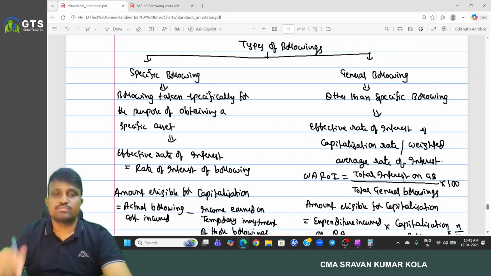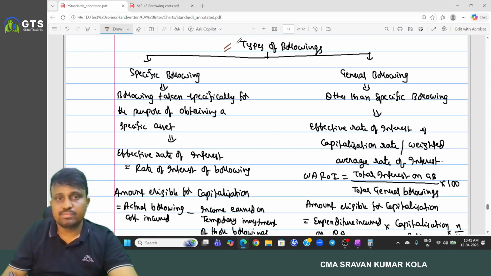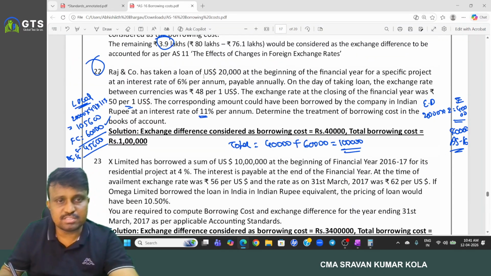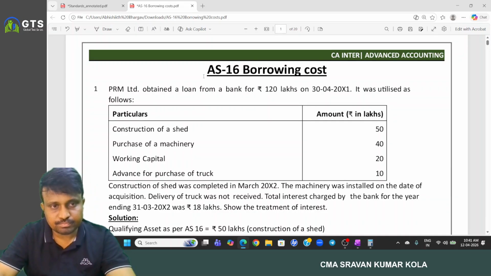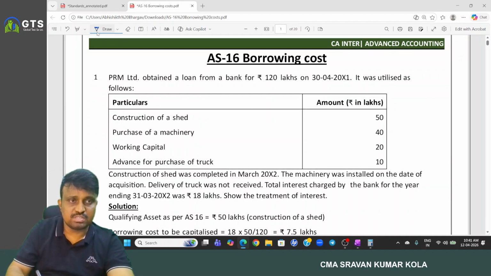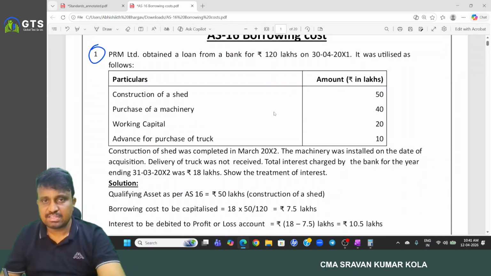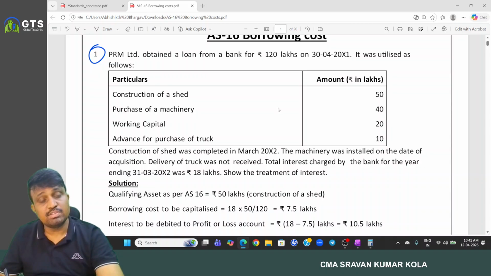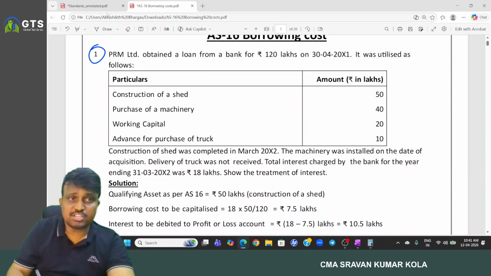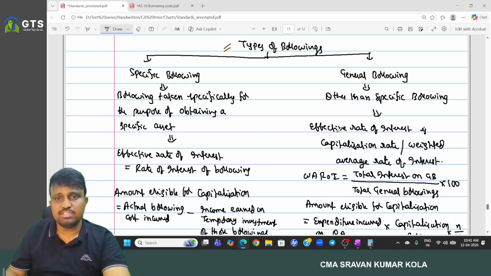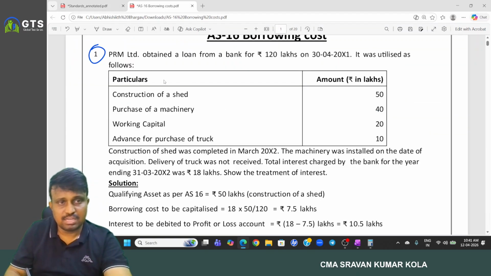Okay, and next one, types of the borrowing. But before that, we see some problems. First one: PRM Limited obtained a loan from bank for 120 lakhs on 30th April. It was utilized as follows: construction of the shed 50 lakhs, and purchase of machinery, working capital, and advance for purchase of the truck.